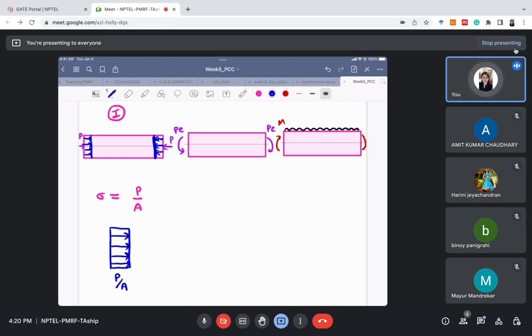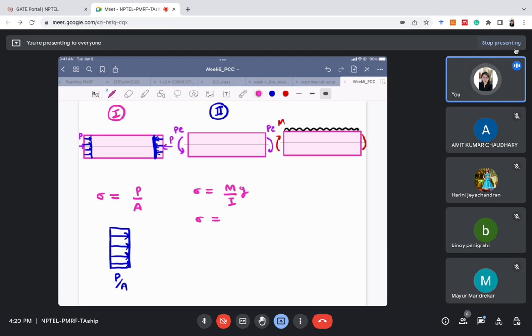The second thing is the moment. There is a bending moment which is applied, and the magnitude of this is P into E, right? You must have studied in strength of materials, how do I find the bending stresses? The formula for finding the bending stresses is M by I into Y. You must have read it. What is the value of M here?